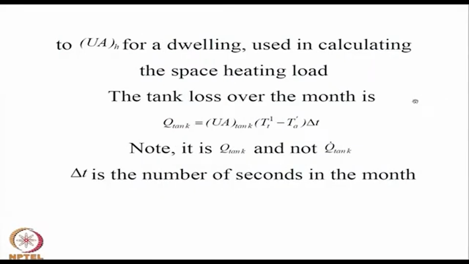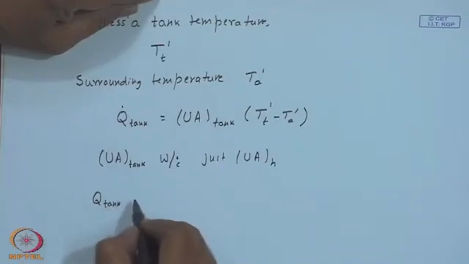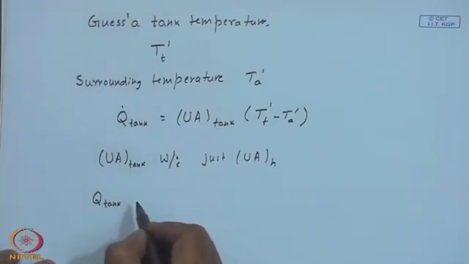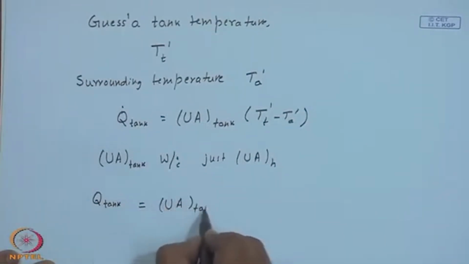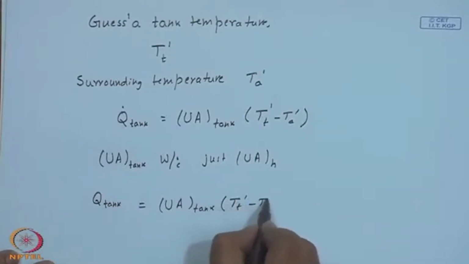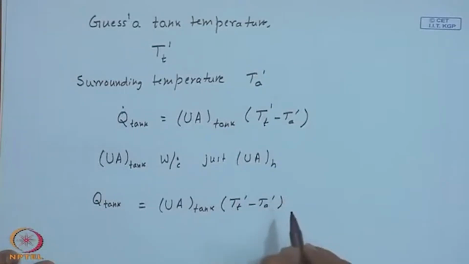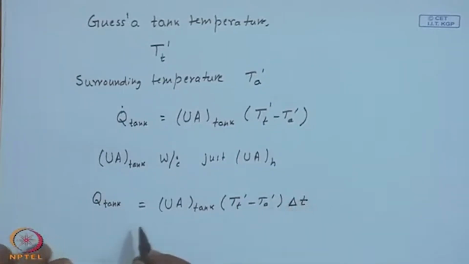If I integrate this Q dot tank rate over the month and assume this T t dash and T a dash remain constant or some average value, I will get U A tank, it should not differ so much with the temperature, times T T 1 minus T a dashed times delta T, where delta T is the number of seconds in the month.